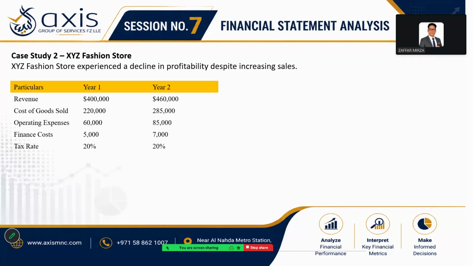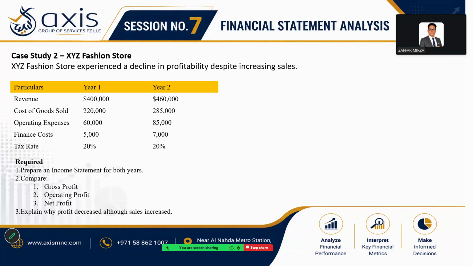Operating expenses 60,000, operating expenses 85,000. Finance cost, income tax rate is same. So first we need to understand how much profit is increased. Sale is increased, but he's saying profit is decreased.